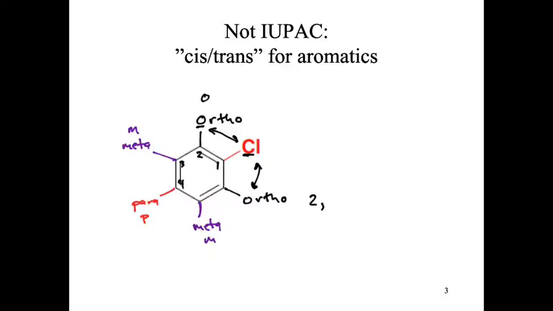Continue your counting around 4, 5, 6. Your ortho is the 2 and 6 positions. Your meta is the 3 and 5, and your para is the 4. Kind of, sort of?